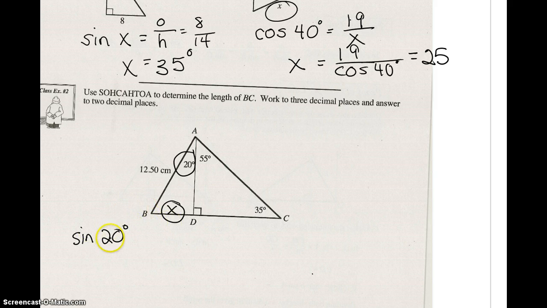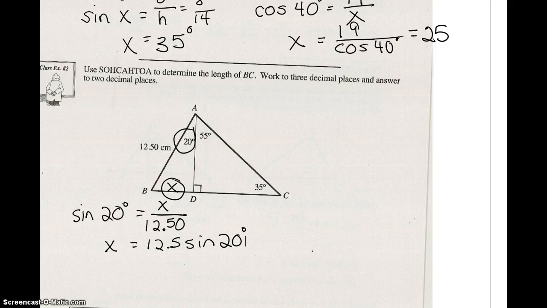And we want to solve for the x, which is the opposite. So there's my x over here. My hypotenuse is going to be 12.5. And so when we solve for x, I'm going to multiply the 12.5 times the sine 20.